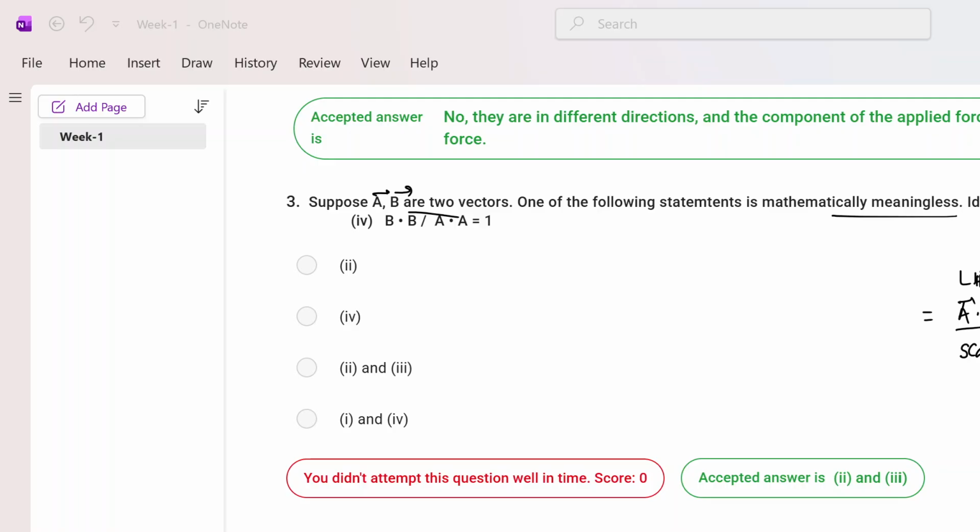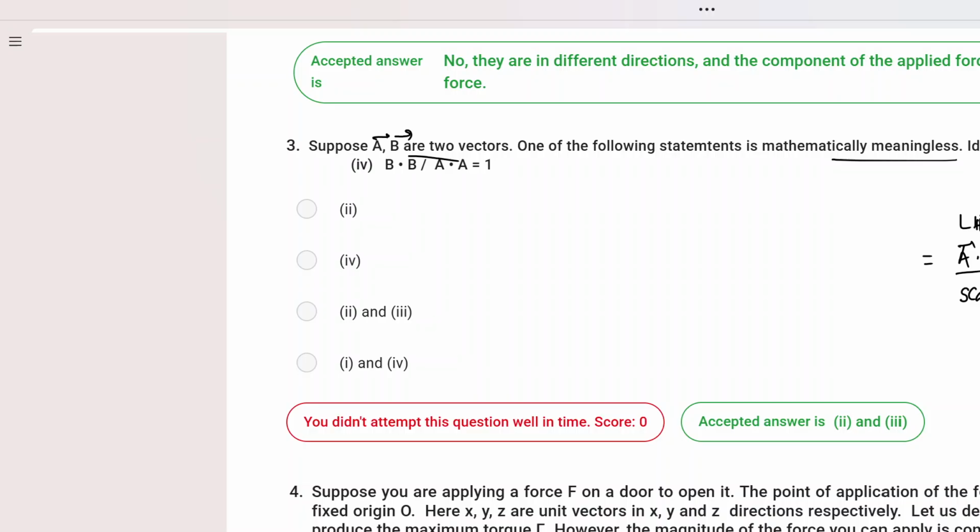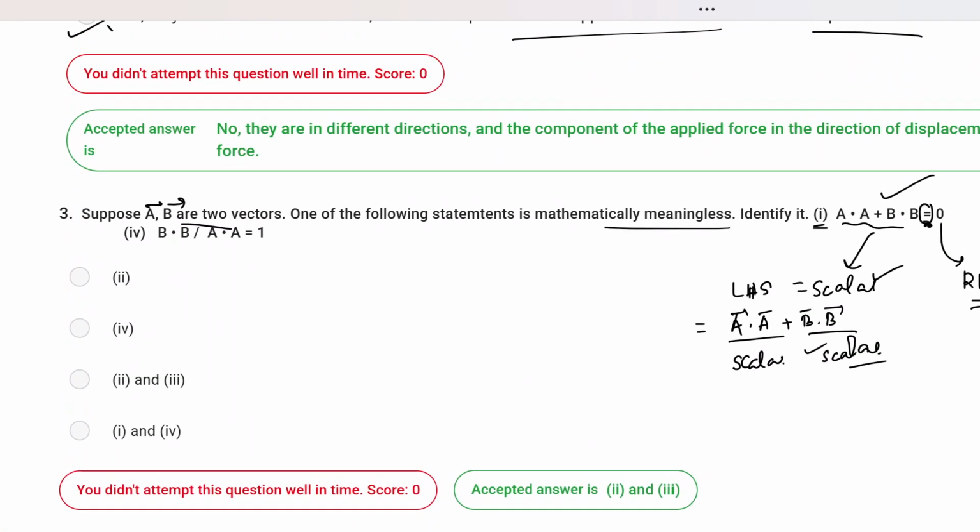Just to give you a hint, look at the expression on the left hand side, A dot A plus B dot B. Do you think that this kind of dot product will always give rise to 0? Is it value-wise correct? Because you see that A dot A is just mod A whole square, right?